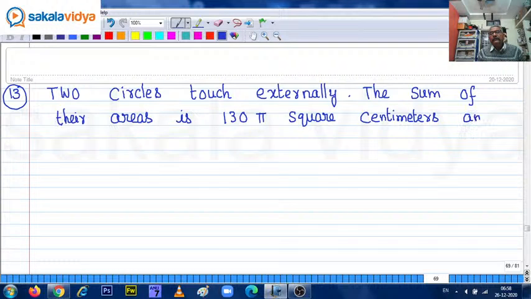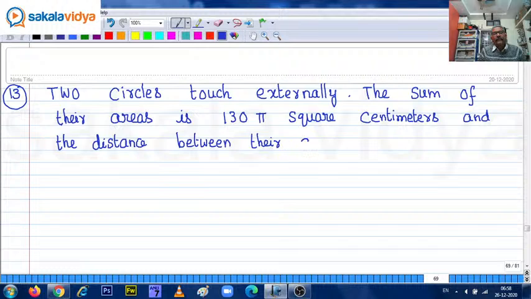And the distance between their centers is 14 centimeters.